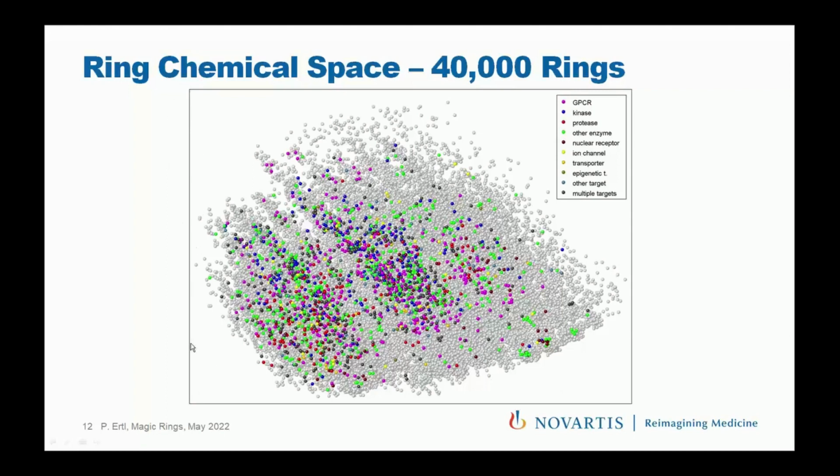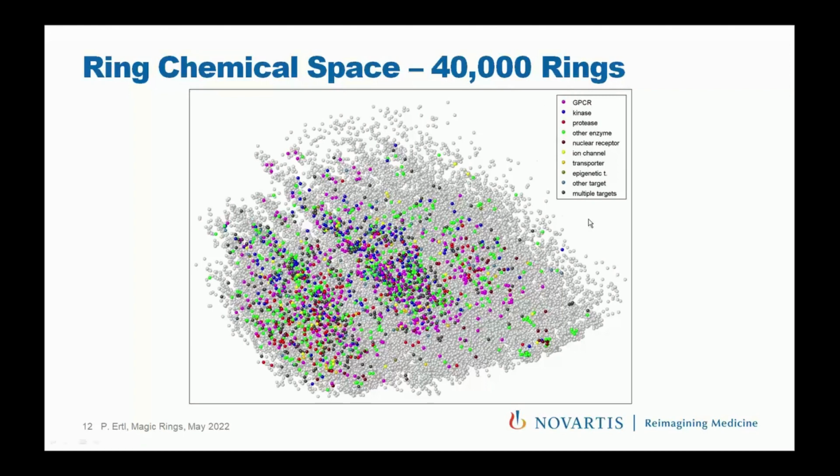The y-axis, the vertical axis, is something like feature richness or complexity. As I told you, these points represent 40,000 rings. Those that are bioactive, meaning they are frequently present in bioactive molecules, are color coded. About 2,000 of these rings are bioactive.